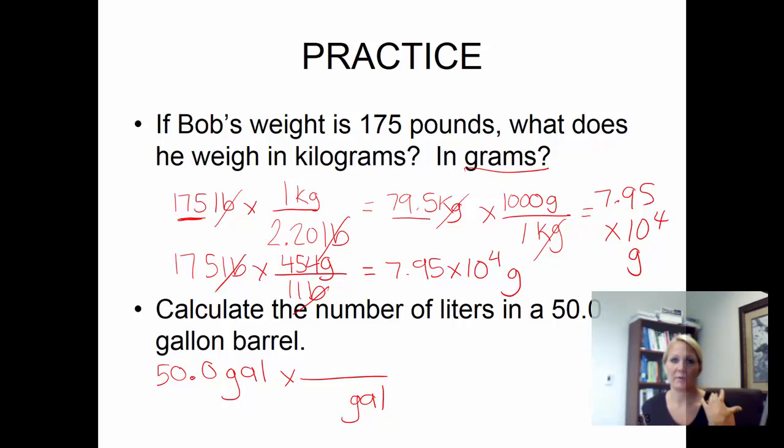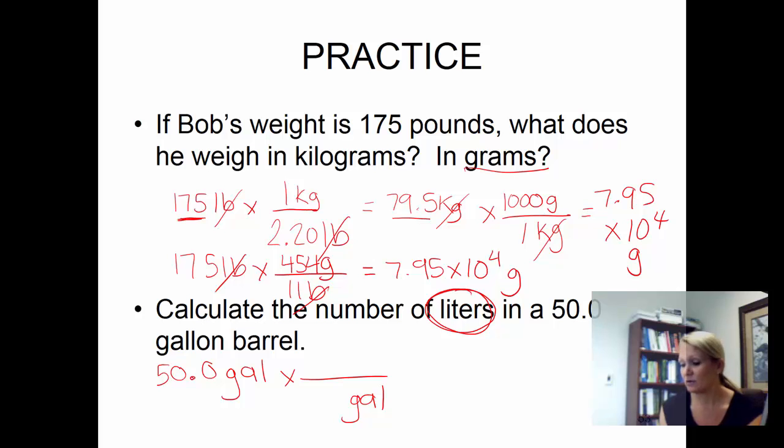And now I go to my sheet if I need to, and I start to think about what I could do to get from gallons, and I'm trying to go to liters. So get your sheet out. There may be a couple different ways to do this. Yep, I showed 2 different ways.